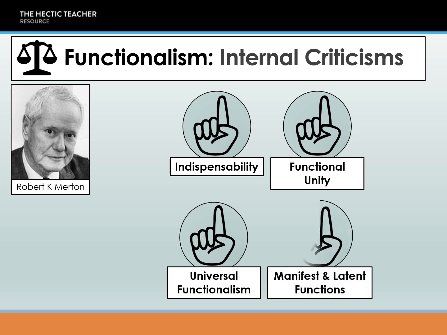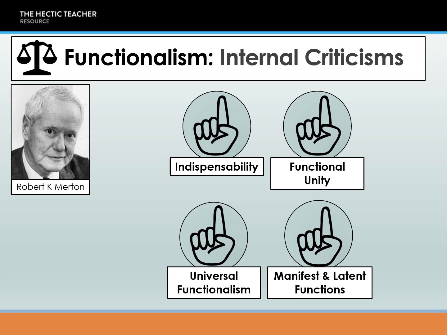And finally, he talks about the manifest and latent functions. So manifest functions are the intended function of the institution. And generally this is the positive side of the institution. So, for example, a manifest function is primary socialization within the family.